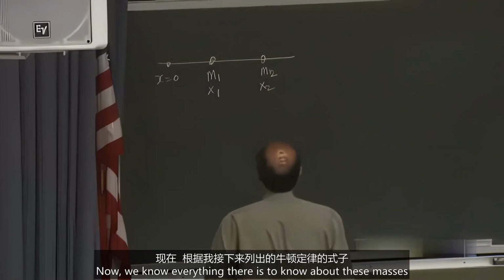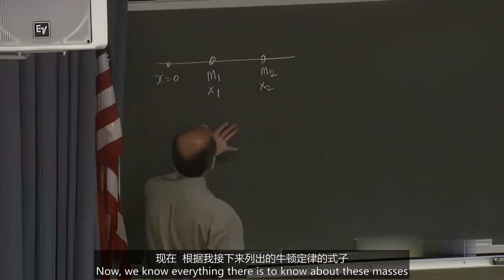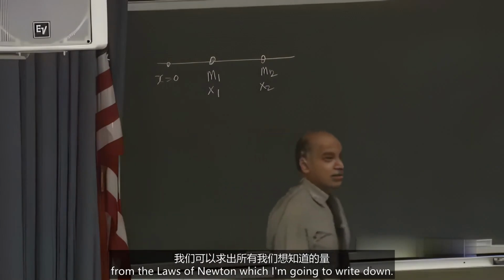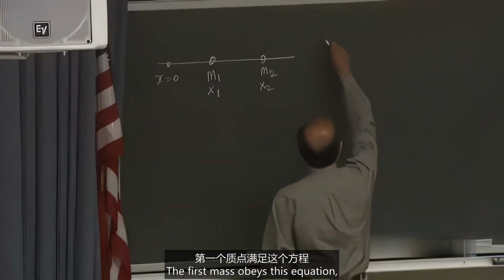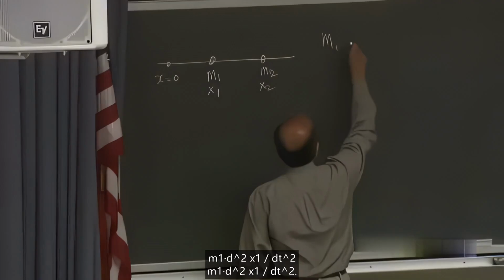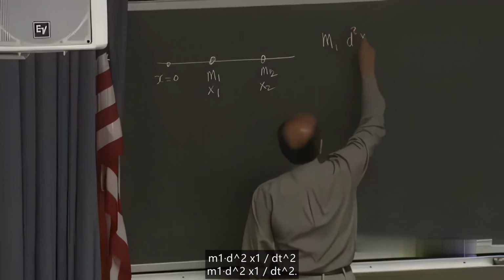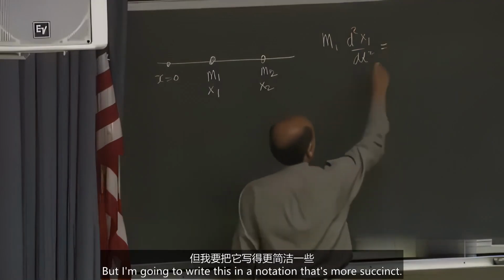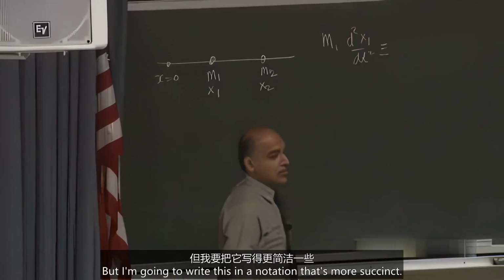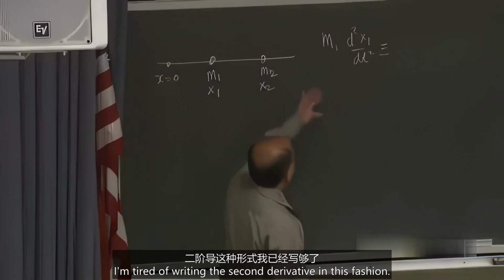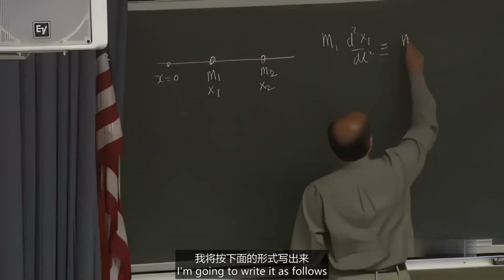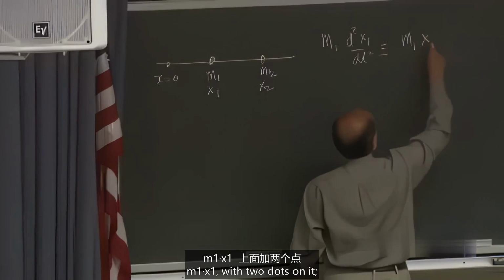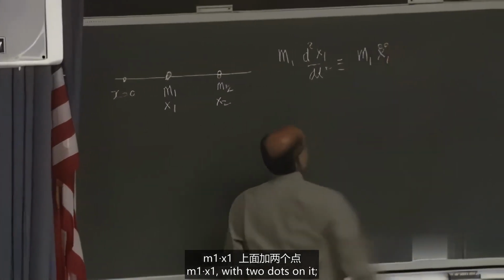Now we know everything there is to know about these masses from the laws of Newton, which I'm going to write down. The first mass obeys this equation, m d2x1 over dt squared, that's ma, right? But I'm going to write this in a notation that's more succinct. I'm tired of writing the second derivative in this fashion. I'm going to write it as follows, m1 x1 with 2 dots in it.